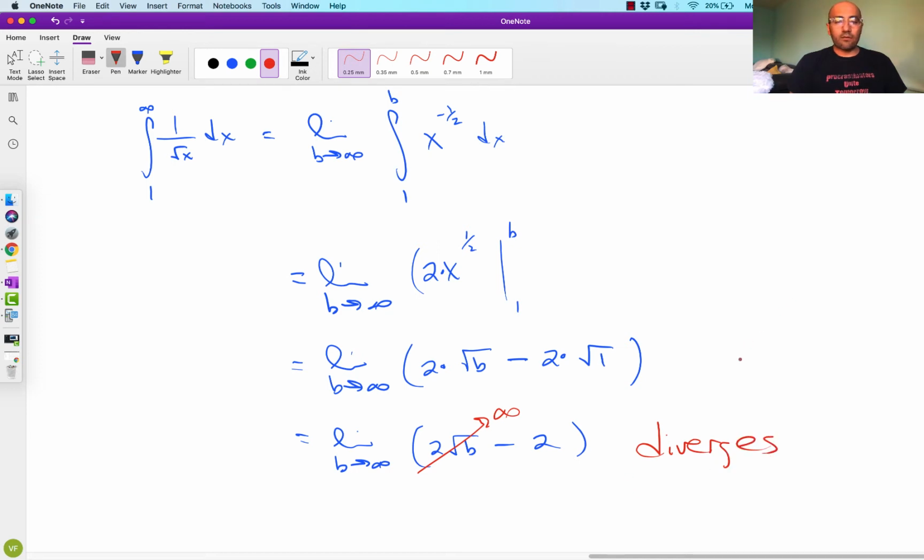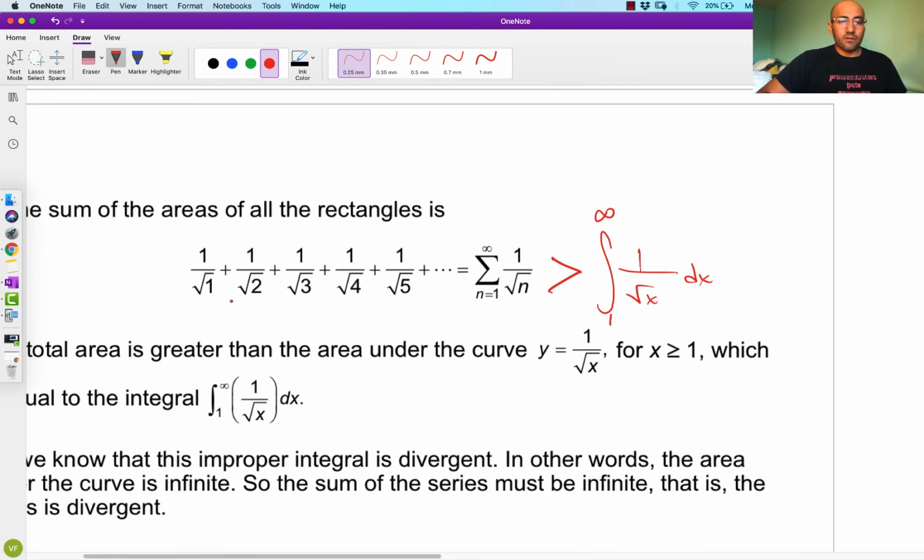Right? Gets infinitely large, grows to infinity, diverges. Okay, so this integral, the area underneath the function, diverges. And we just established that the one we were interested in is actually even bigger.